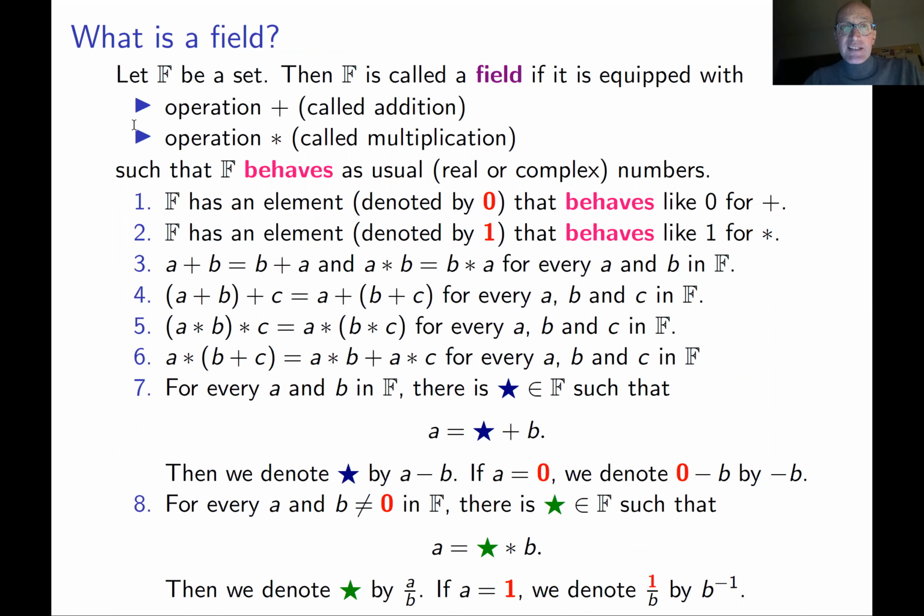So first of all, this set must contain some element, usually denoted by 0, which actually behaves like 0. So like 0 plus x is x for every x in F. So it's natural. Similarly, the set must have an element which behaves like 1. What does it mean? It means if you multiply this element by any other element, you get the same element. So 1 times x equals x. So it's also usually denoted by 1.